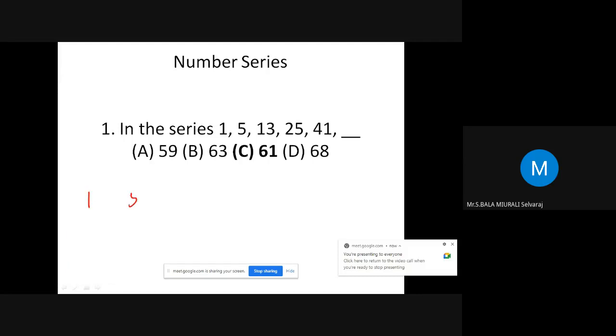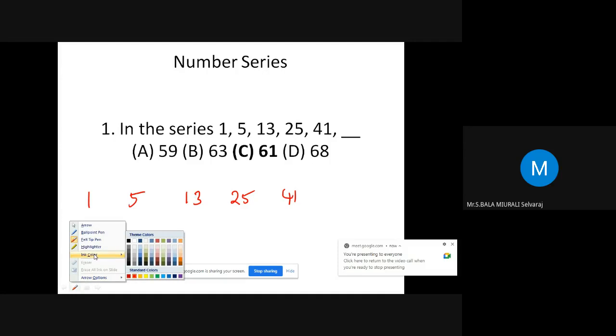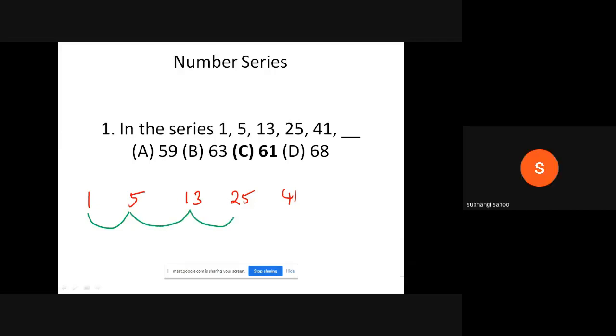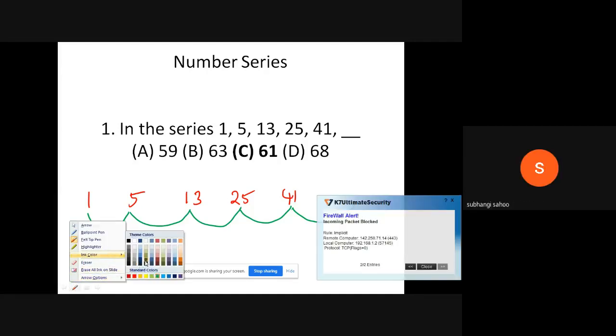1, 5, 13, 25, 41. See the relationship between one number and another number. What is the difference between these two? 4, 8, 12, 16, 20.